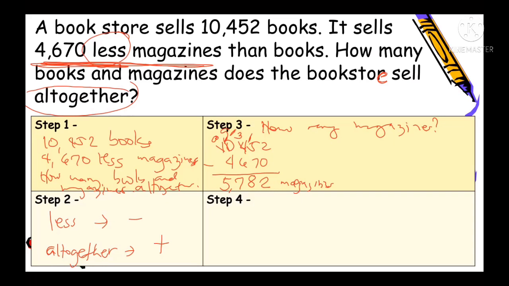Okay? I will put here 10,000 books plus 5,000 magazines. Okay, 2 plus 2. 2 plus 2, 4.